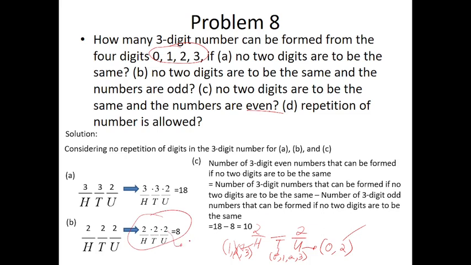Unlike here, this is odd. We can place 1 or 3 at the units place. Here, we can place 1, 2, and 3. If we place 1 at the units place, we have two options, 2 or 3. So that's 2. If we place 3 at the units place, we still have two options. We can no longer place 3, and we can place 1 and 2. So we still have 2.